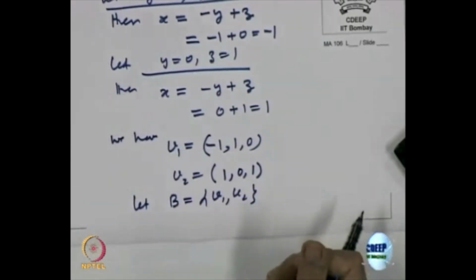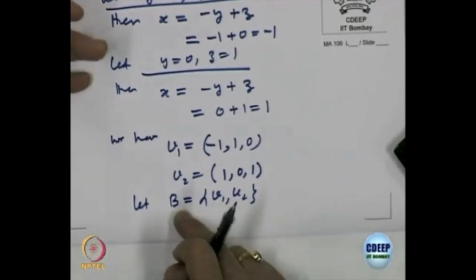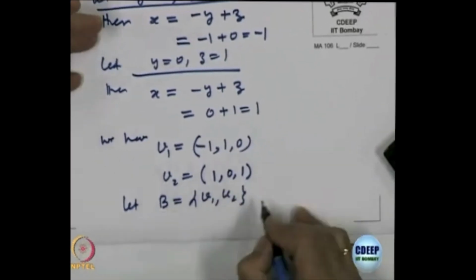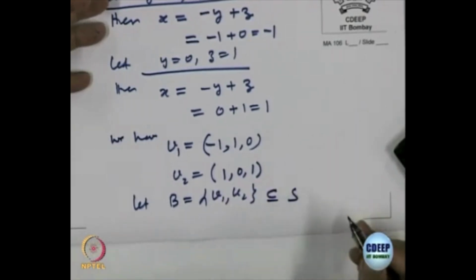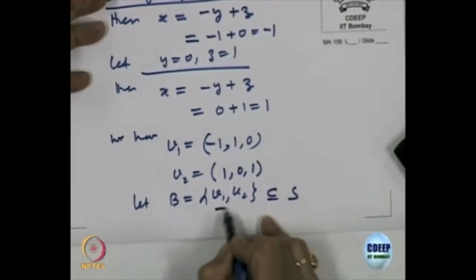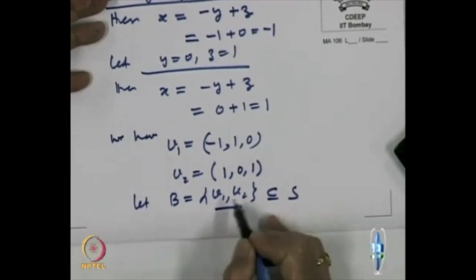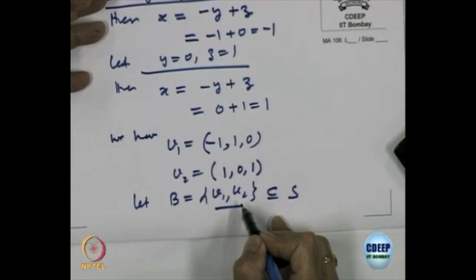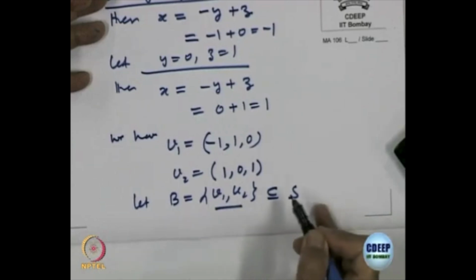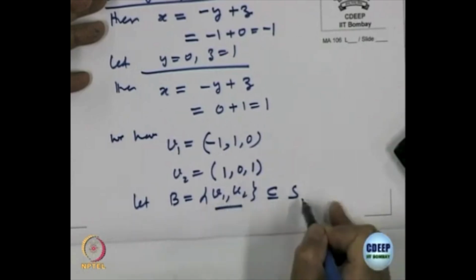So if I can show that this set B is a subset of S, that vector space S, all solutions, and that it is generating everything and it is linearly independent, then this will form a basis for the solution space.